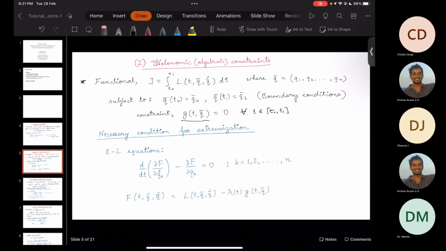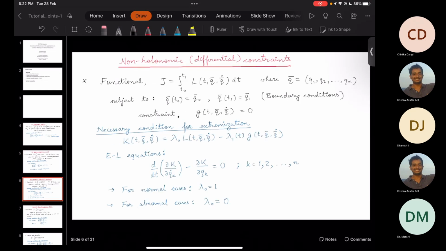Which means we have to ensure this constraint at every point, and for this constraint to be satisfied, we need a lambda at every point. So this makes the Lagrange multiplier lambda a continuous function, and that's why lambda is also a function, unlike the previous case.